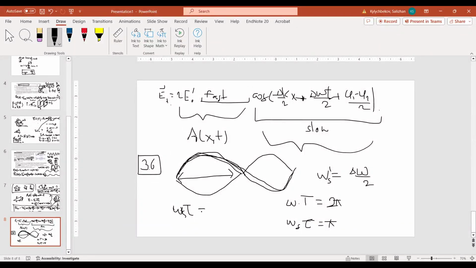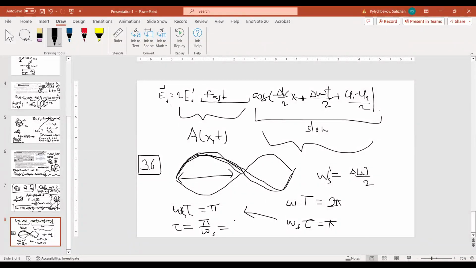So if it's 1 pi, like this, then your tau should be pi divided by omega of the slow, да? Omega slow бізде не? Дельта omega деленный 2 болса, да?